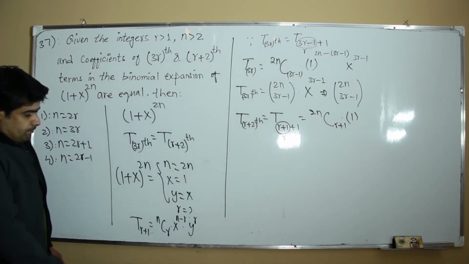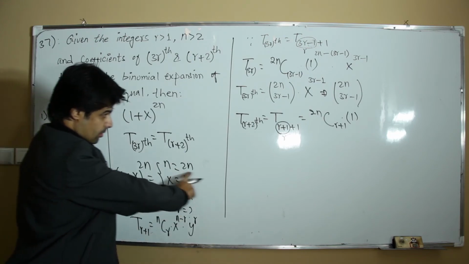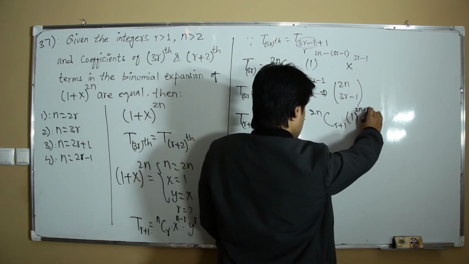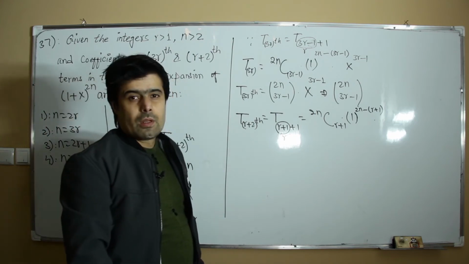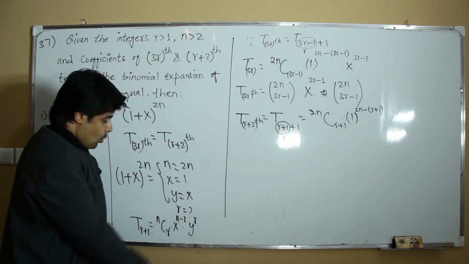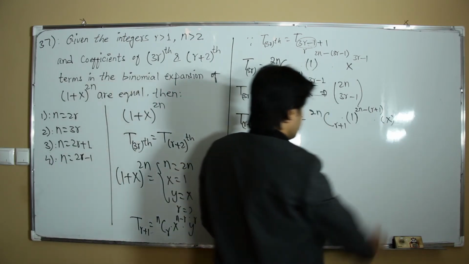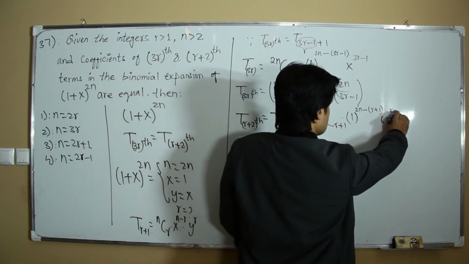Raised to the power n minus r. What's n? 2n. What is r? r plus 1. 2n minus r plus 1, multiplied by y. y is x, raised to the power r. r is r plus 1.